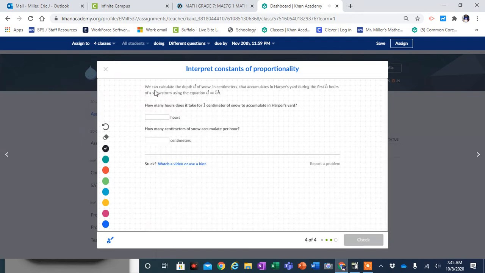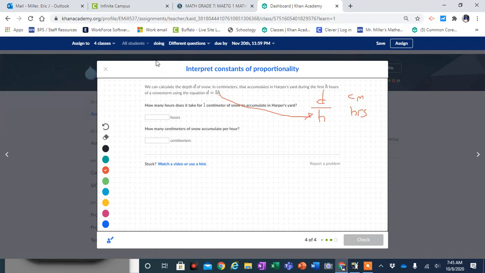All right, this one. We can calculate the depth D of snow in centimeters that accumulates in Harper's yard during the first H hours of a snowstorm using the equation D equals 5H. So to get the 5, they did D divided by H, because again, the letter that's there is always the letter on the bottom. D is centimeters, and H obviously was hours.